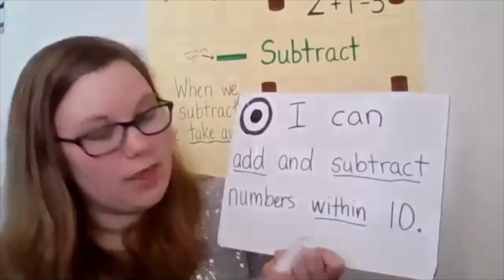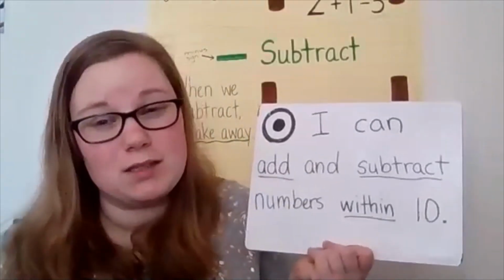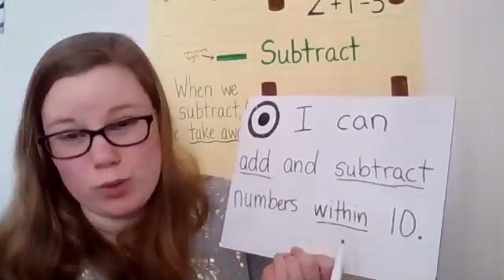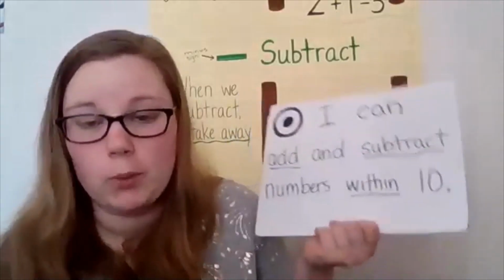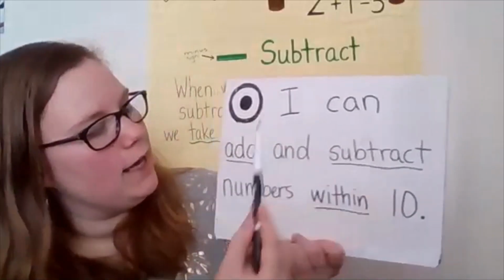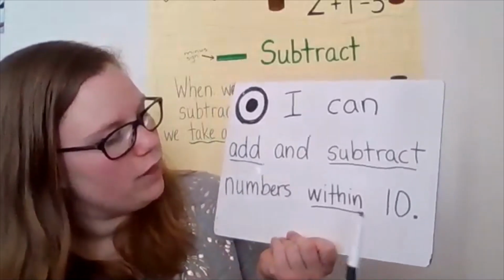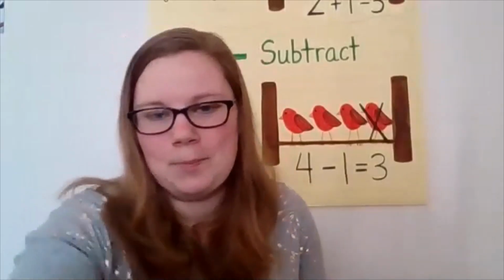And then I underlined within because I wanted to talk a little bit more. Within just means between. So we're going to add and subtract numbers between or within 10. So from 0 to 10. Okay, so our whole learning target is I can add and subtract numbers within 10. All right, so that's our learning target for today.